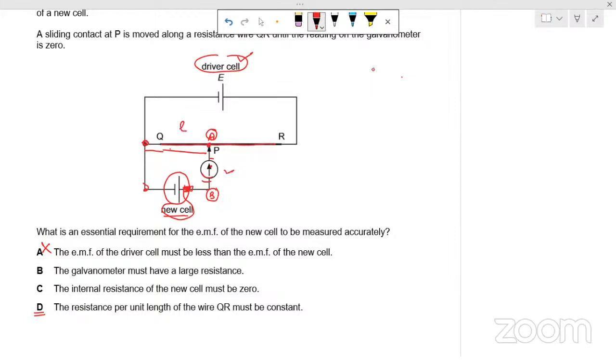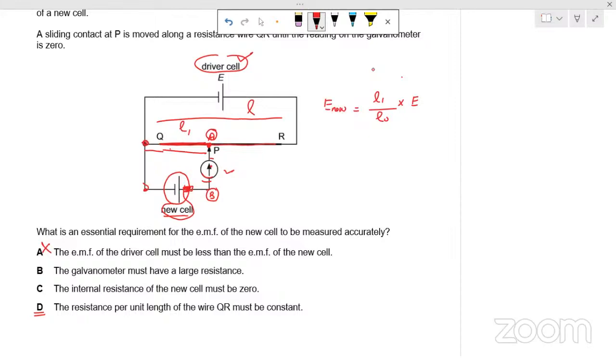The resistance per unit length of the wire QR must be constant. If this has zero deflection at this point, then the voltage across this portion of the wire is equal to the EMF of this cell. So L1 over this total length of the wire multiplied by the EMF of this driver cell is equal to the EMF of the new cell.